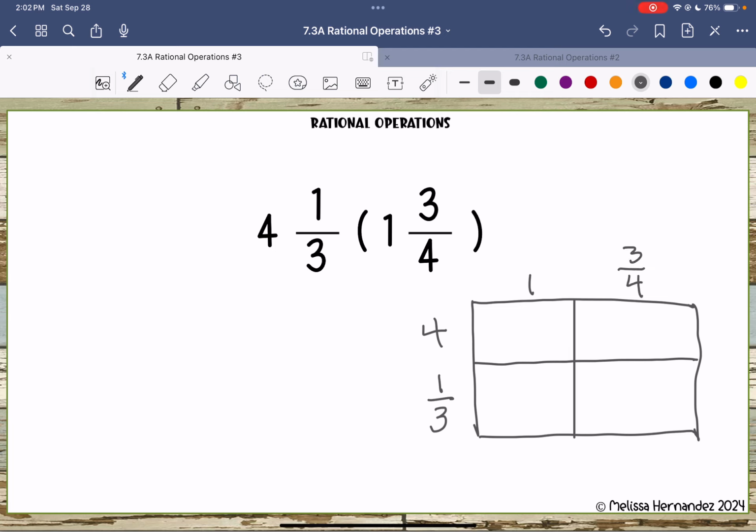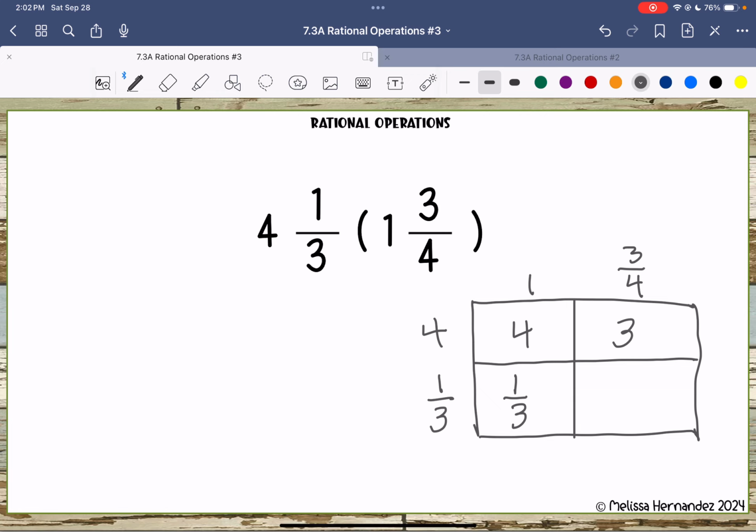So you'll just multiply. 4 and 1 gives you 4. One group of 1/3 is just 1/3. 4 groups of 3/4 is 3, because 4 times 3 is 12. 12 divided by 4 gives you 3.